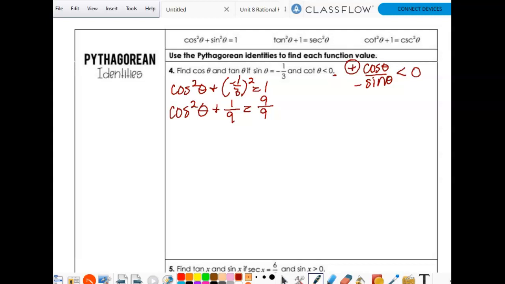I am going to subtract the 1/9. When I subtract 1/9, I get 8/9. And we just talked about now I'm going to take the square root. And when I take the square root, how many answers do I get? 2. I get a plus and a minus. I get the square root of 8 over the square root of 9, which is 3.